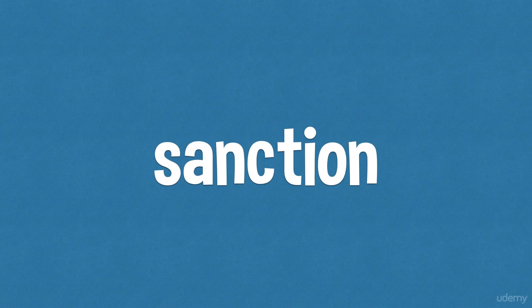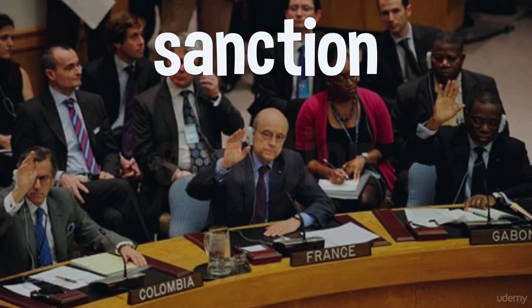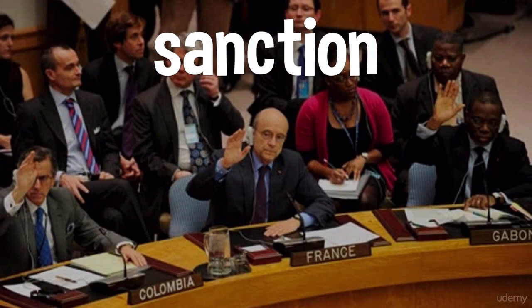Sanction. If someone in authority sanctions an action or a practice, they officially approve of it and they allow it to be done. And in this picture, the United Nations Security Council is sanctioning an action.